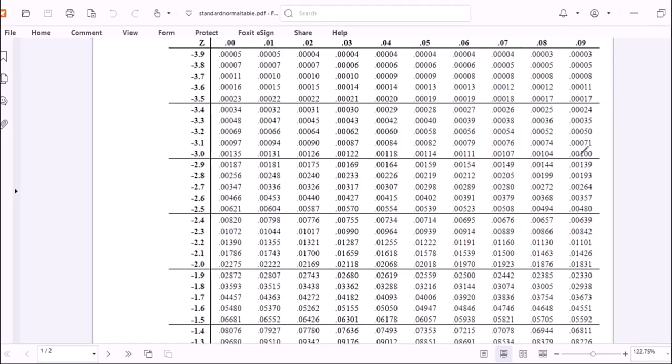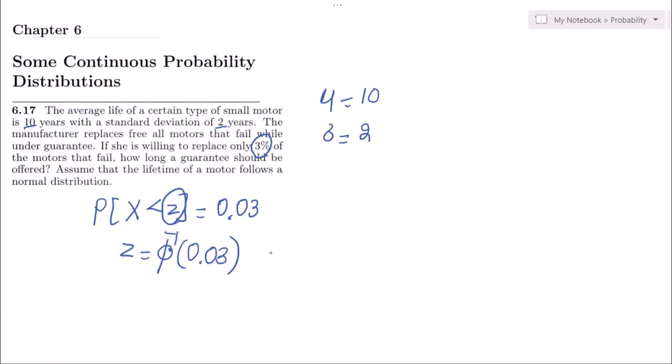So 0.03, all of these values are 0.03s. The lowest of them is this one, 0.03: minus 1.8 in the row, and in the column we have 0.08, so this is minus 1.88. Let me write here the value of Z is minus 1.88.